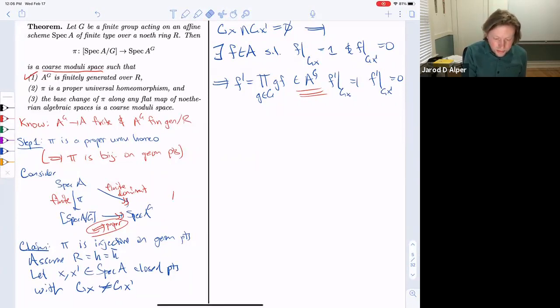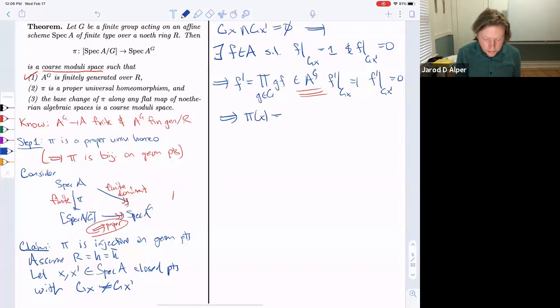So what that tells you is that the images are different because we have a function that separates them. Okay, so since it's injective, therefore pi is bijective on geometric points.